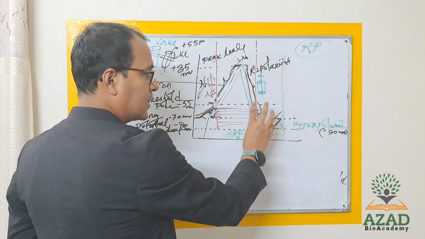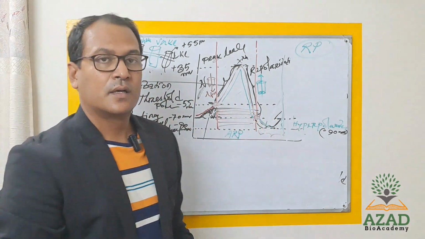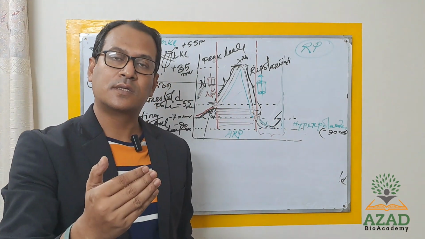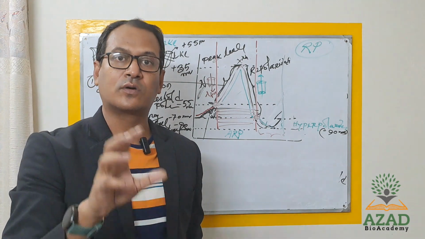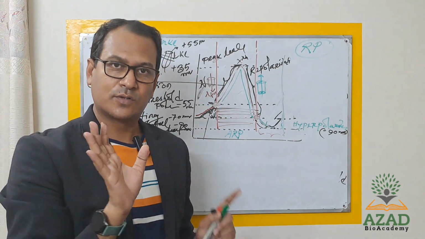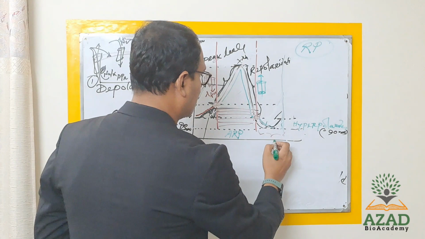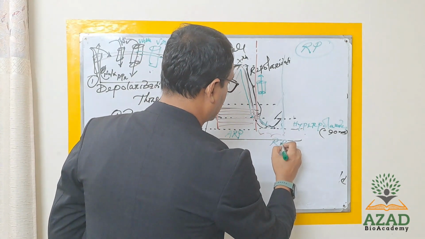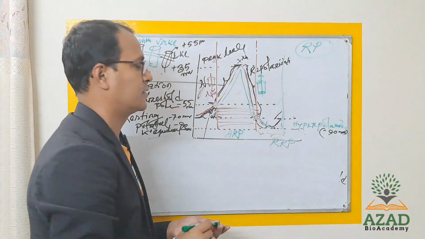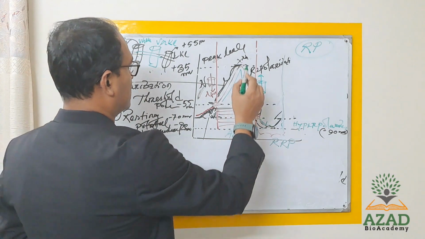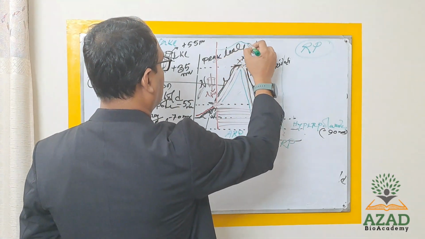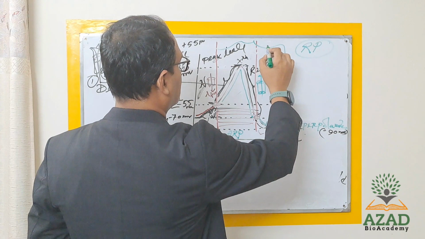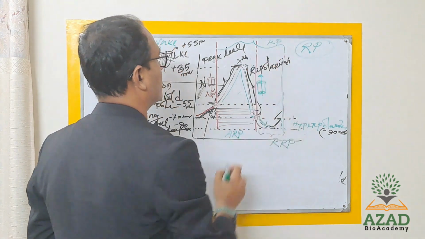So here the response to a second stimulus is usually not possible but not impossible. This is the relative refractory period. You can say from this part to that is the refractory period.